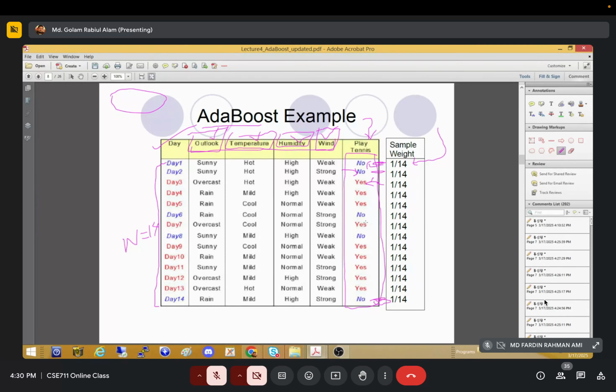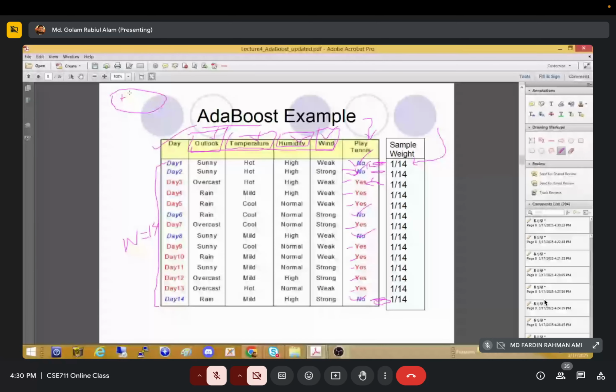So no is 1, 2, 3, 4, and 5. Out of the 14, 5 are no, and the rest are yes, 1, 2, 3, 4, 5, 6, 7, 8, 9. 9 positives.